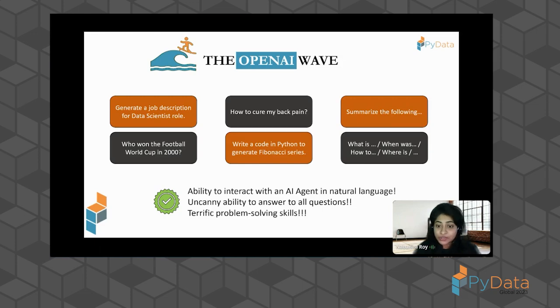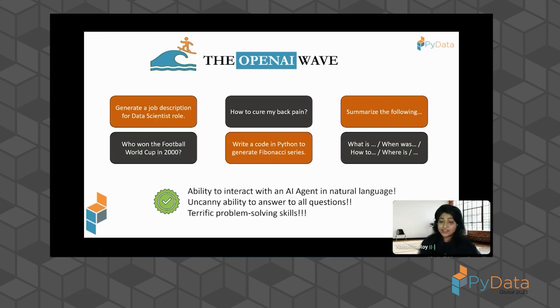And also its terrific problem solving skills. It doesn't just answer factual questions like, from which side does the sun rise. It was also answering mathematical questions, drawing inferences, and doing reasoning based tasks, which was very, very impressive.